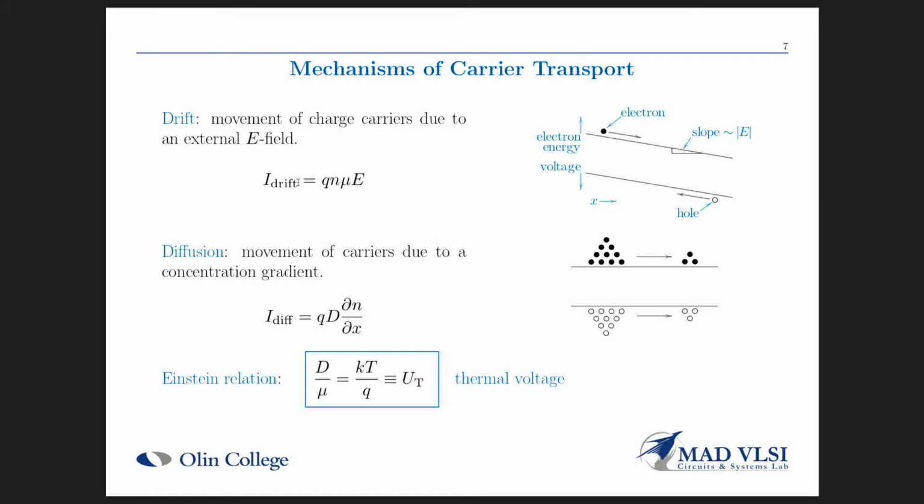And so the drift current is basically proportional to the charge on each carrier and the concentration of charge carriers. Mu is a parameter called mobility, and that is a constant of proportionality between velocity and electric field. So mu E is basically the velocity to which these carriers are driven by the electric field.